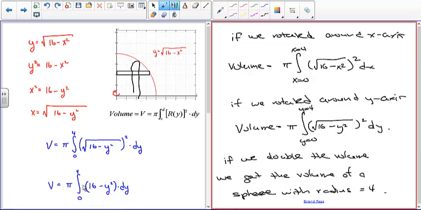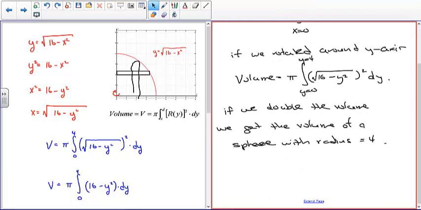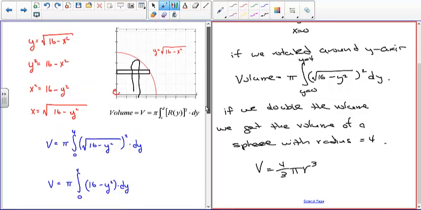We're going to double it, and then we'll compare it with the equation for the volume of a sphere to show you get the same answer. So the volume of a sphere is 4/3 pi r cubed. The rest of it's down there. I'll let you practice again.